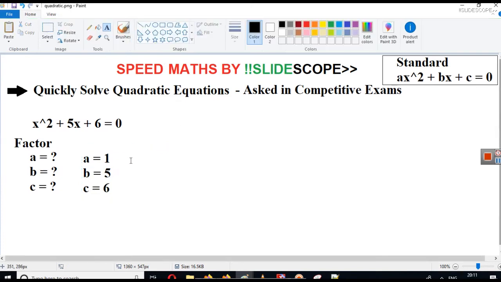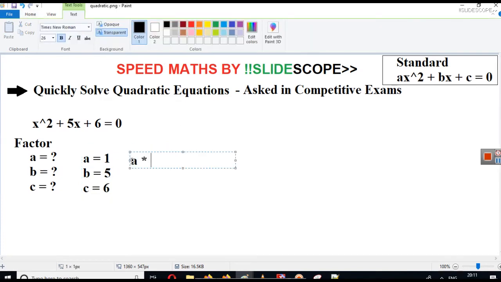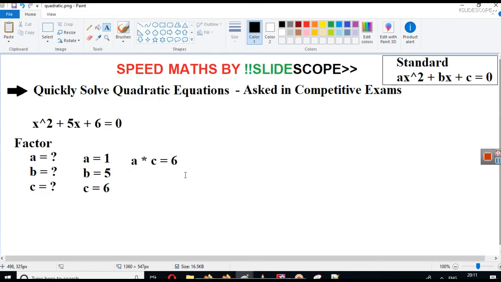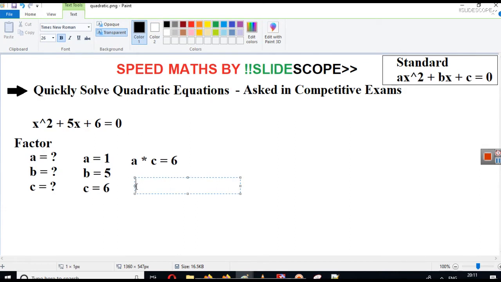First you have to find a multiplied by c. In our case, a multiplied by c is 6. Now we have to find factors of this. We have to find factors of a multiplied by c, but the factors should be such that, let's say u and v are factors.